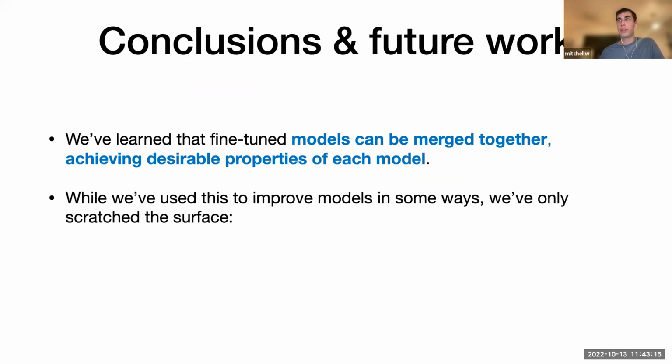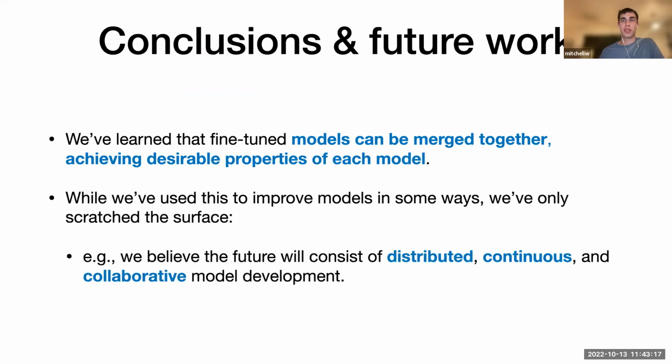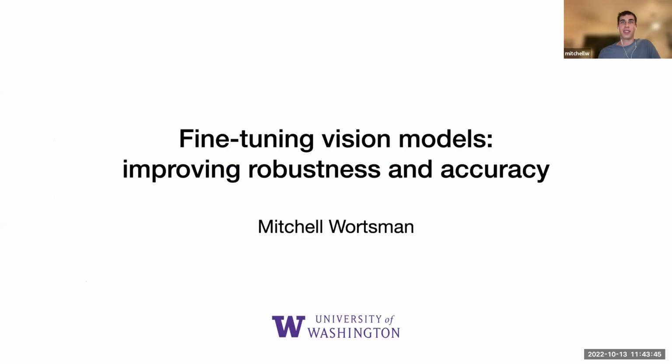We think that the future is going to consist of distributed and continuous collaborative model development, where maybe the University of Washington can fine-tune for some task, and then another university can fine-tune for another task, and then we can merge these models together. This is in line with the ideas of Colin Raffel and others of open source model development, or developing models like open source software. So, exciting times, and thanks for listening.